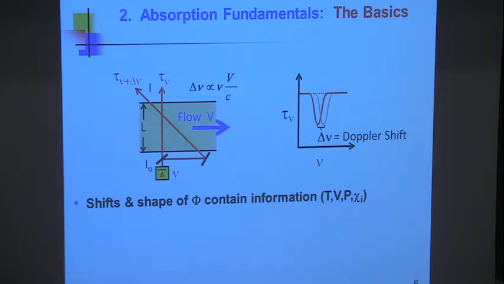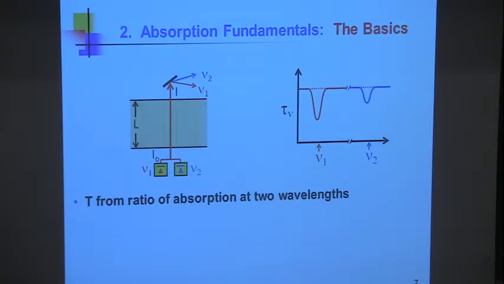That separation being the Doppler shift, which is the average component of the velocity along the laser. You need to have two components to get the total vector. My idea is that the shifts, which we get for the velocity, the shifts and the shape contain useful information. So if we can measure the shape and the shift, we can get what we need.